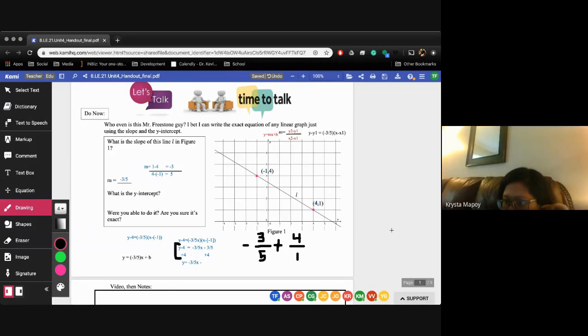Someone said you needed a common denominator. So how can we find the common denominator for these two fractions?